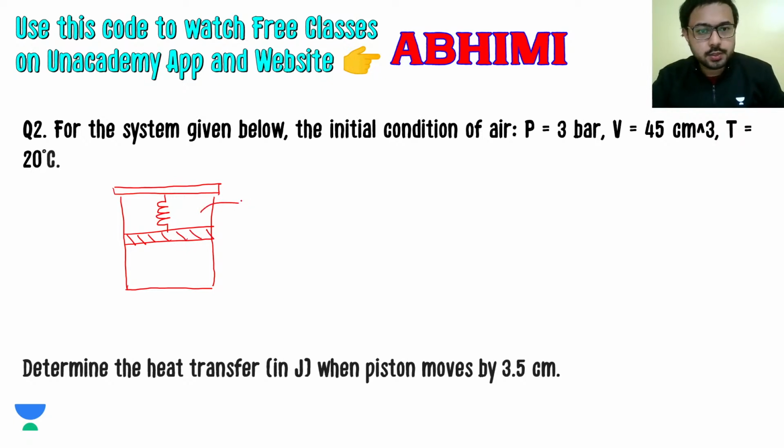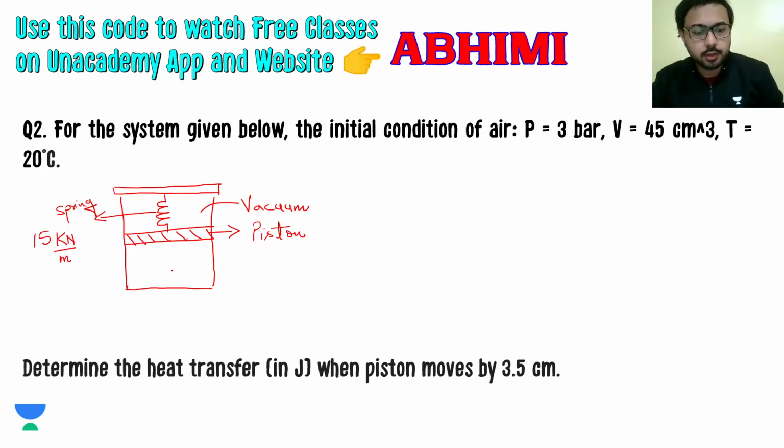Now here is vacuum, and here is your piston that I have already told you, and this is your spring with spring constant 15 kilonewton per meter. This is the diameter, since this is a cylinder, so it has a circular cross section and its diameter is this.